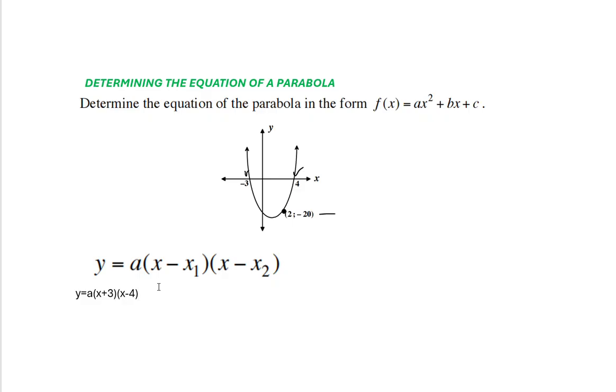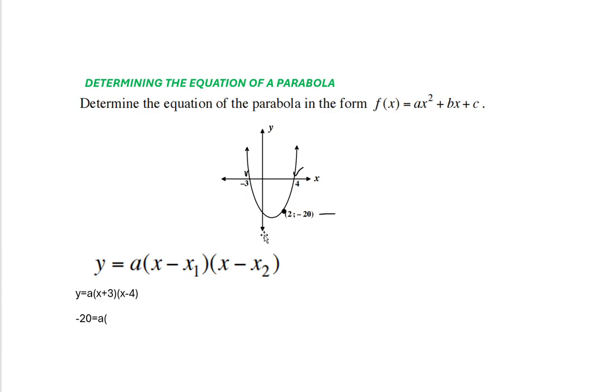So let's simplify. Then we have the other point here. We know that our x is 2 and our y is -20. We can substitute that point. Our y is -20, our a is unknown, and we are solving for a.